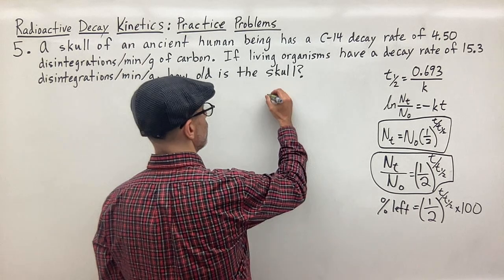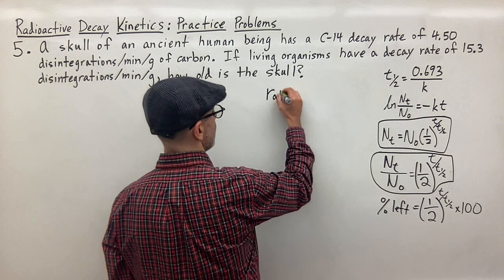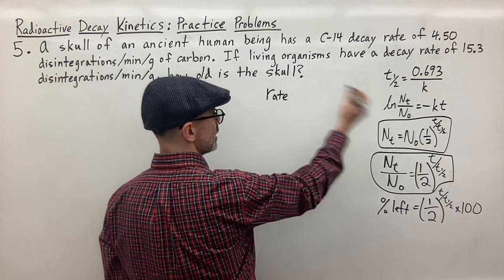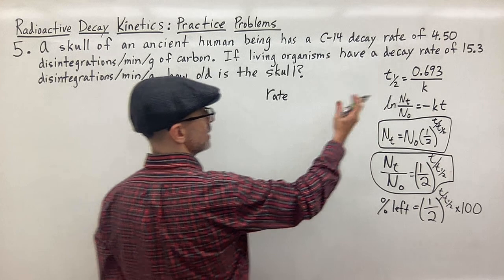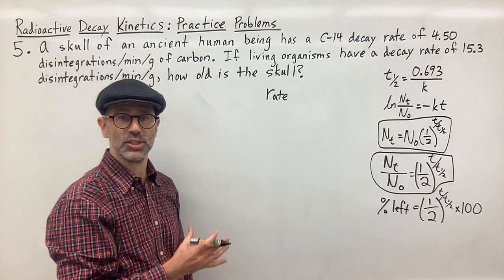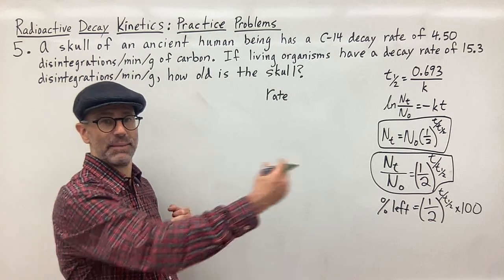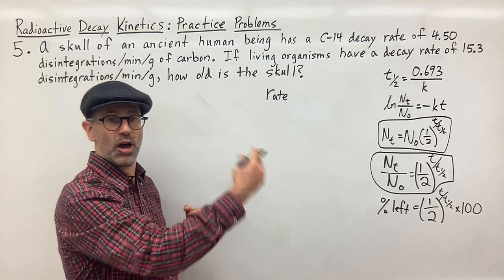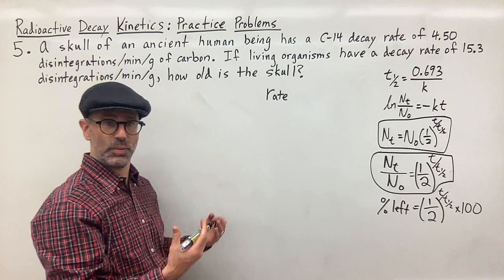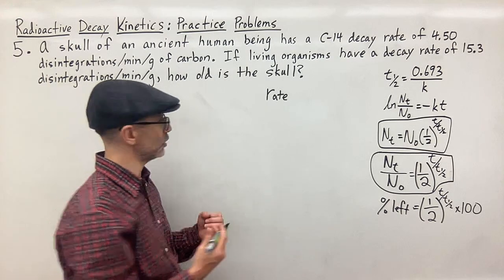And so if you remember, you can write that as a rate law. So the rate at t, right? t is the time at which we right now have the skull. How old is the skull? The age is the amount of time that has transpired from the time that the human died to the time that we discovered the skull.